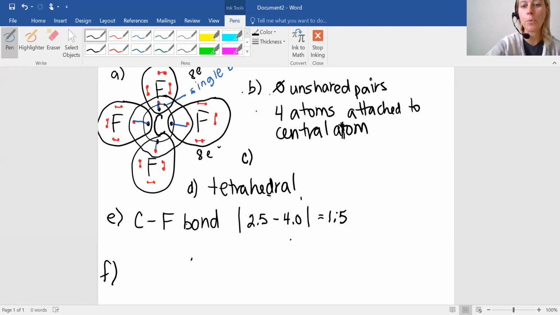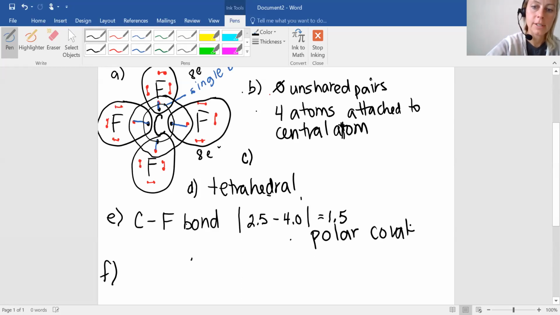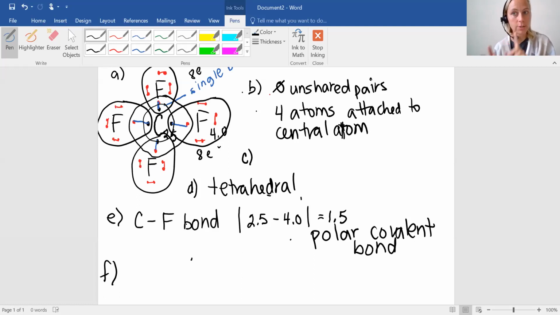So if we fall at 1.5, we become a polar covalent bond, because I'm just looking at the bond. So between these two bonds, it's 4.0 and 2.5, each of these bonds was unequal pulling. They're still sharing, so it's unequal sharing.